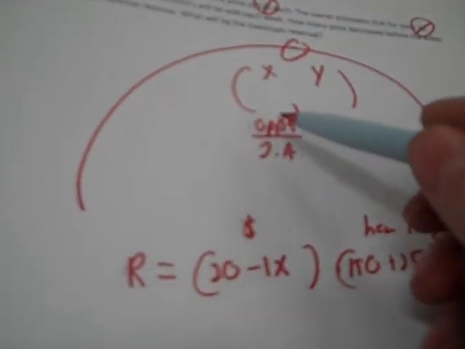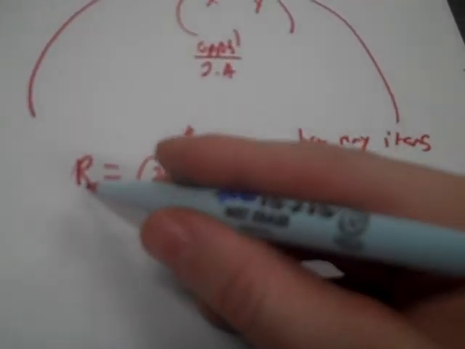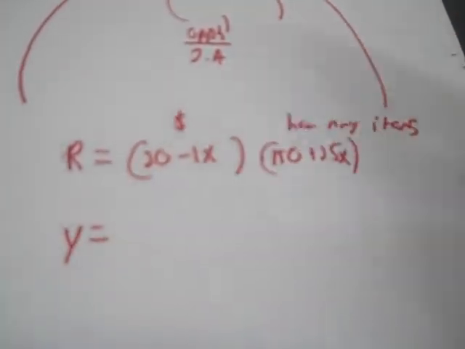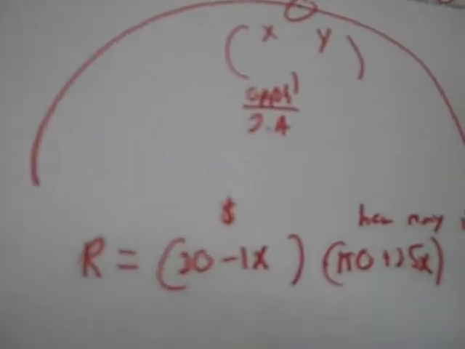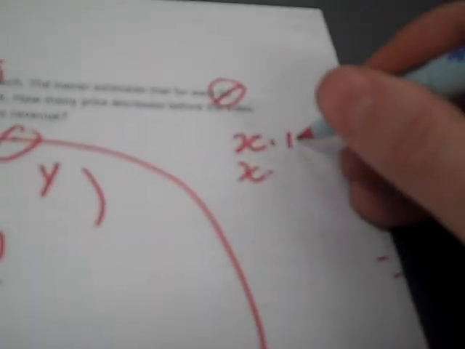Now, I'd love to have B and A, but I can't. I have to eliminate these parentheses. So the R is replaced with Y, and I need to execute the FOIL method up here. So I take 20, distribute that, times 150, and times 25X. Okay?